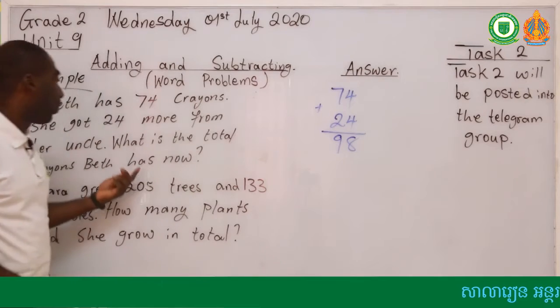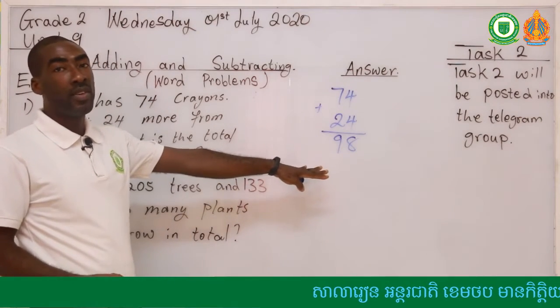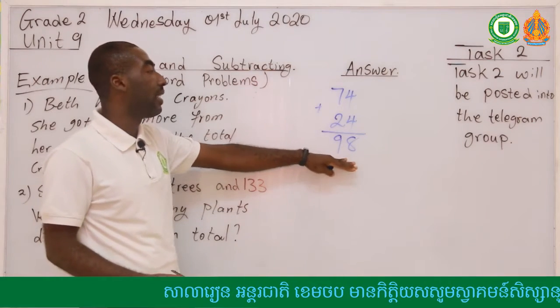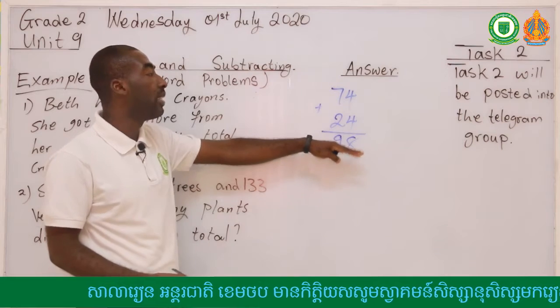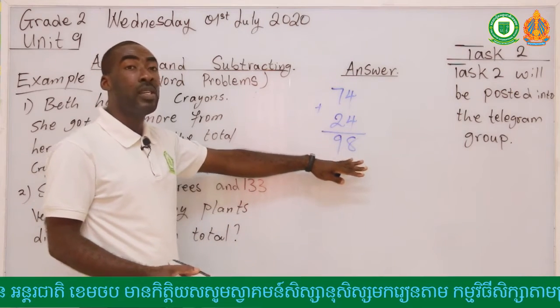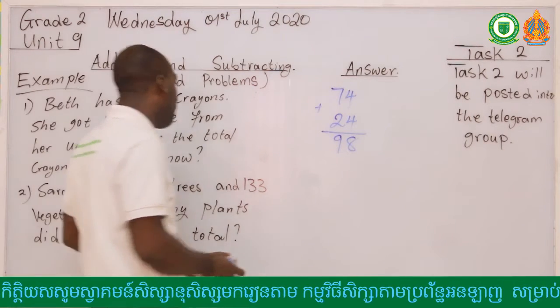That means Beth will have a total of 98 crayons, okay? That means it is an addition. So the number has increased because she got more. She got 24 more from the uncle, and that gives her 98 total crayons.